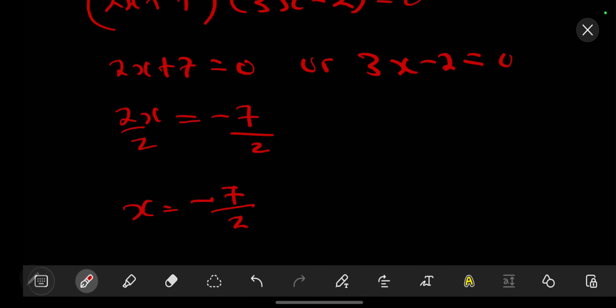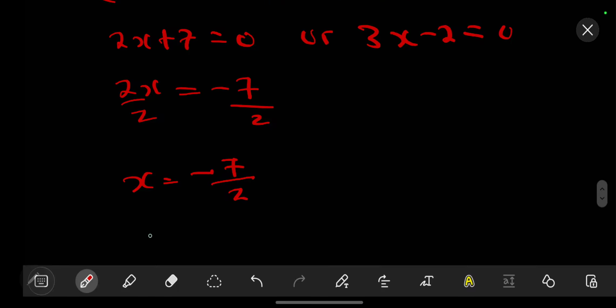But for the sake of, as we go on to use the table, negative 7 over 2 is equal to negative 3.5. So what you can do is 7 divided by 2 will give you a 3. Remainder will be 1. You write a point, then you put a 0 there. 10 divided by 2 will give you 5, so negative 3.5. That's how come we have that.